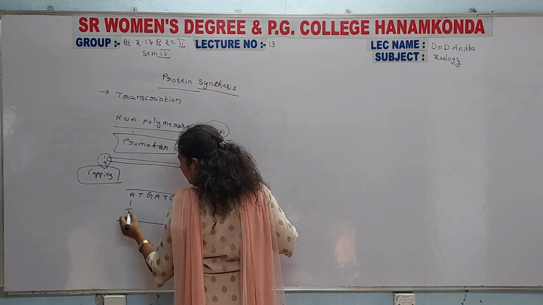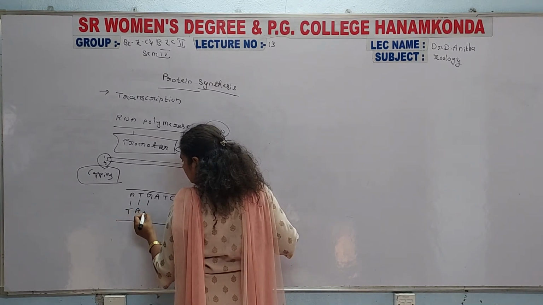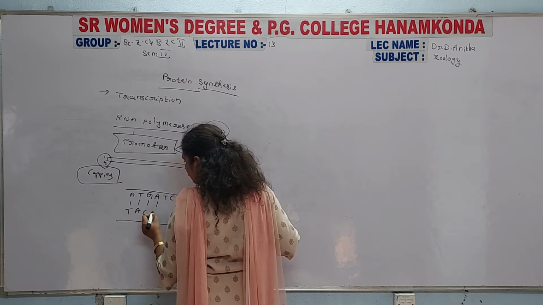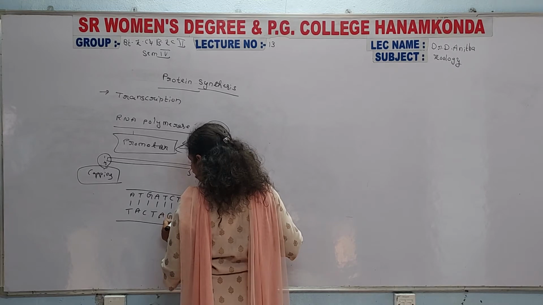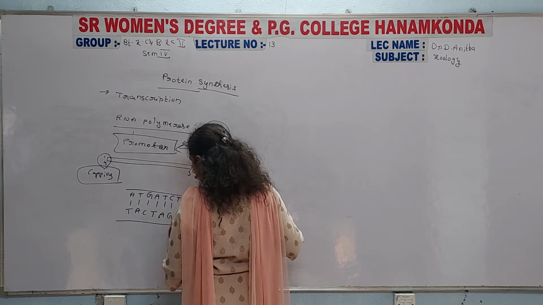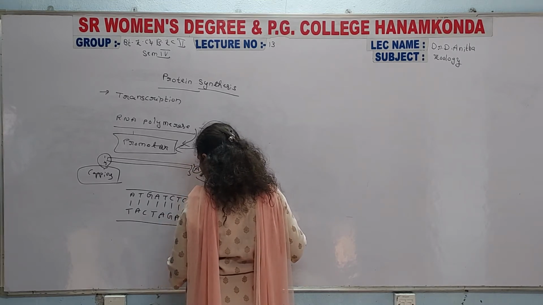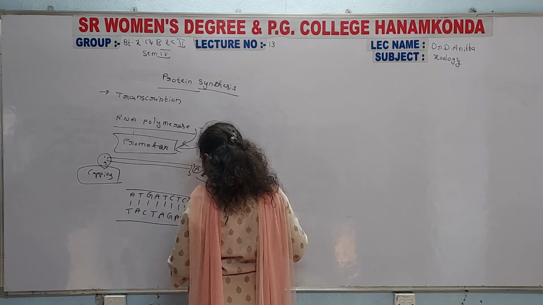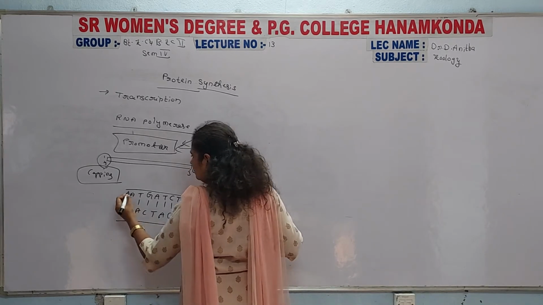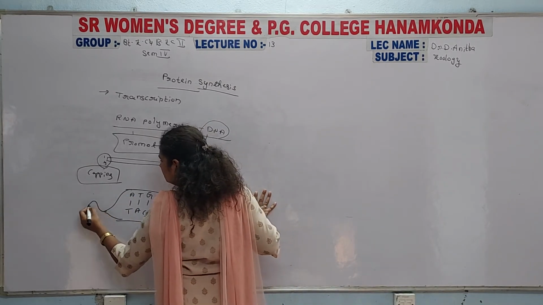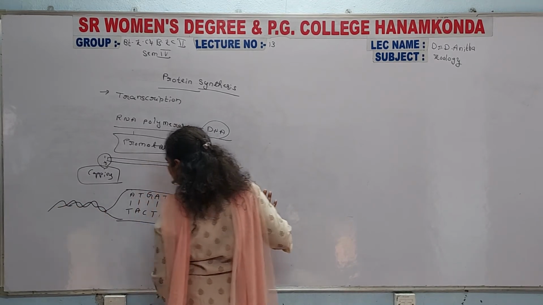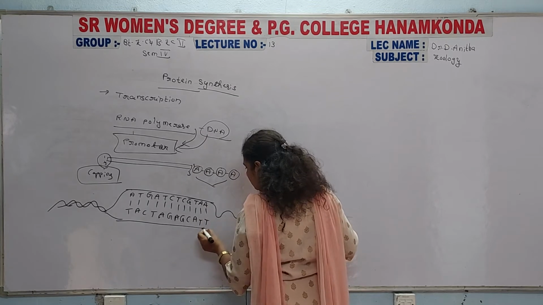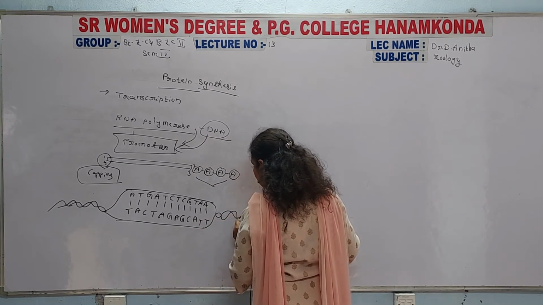So adenine with thymine, thymine with adenine, guanine with cytosine, adenine again with thymine, thymine with adenine, cytosine with guanine, and adenine again, guanine, cytosine, adenine, thymine, thymine. This is the normal structure of a double stranded DNA.